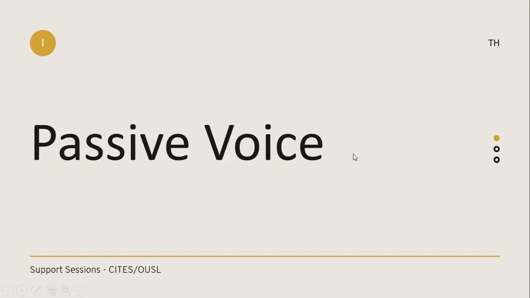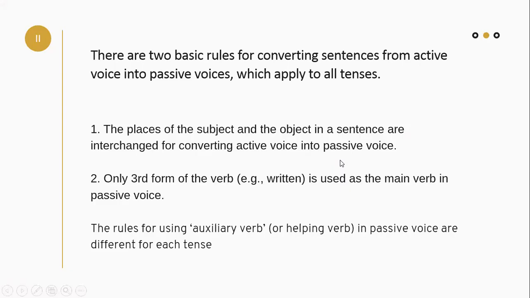So then, if we move on to passive voice, let's see what passive voice is first. Before we move on to the structure of passive voice, can you tell me what sort of a structure we use when we develop active voice sentences? What's the structure?